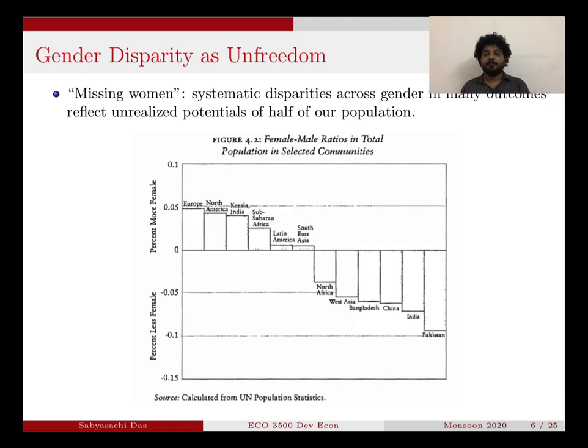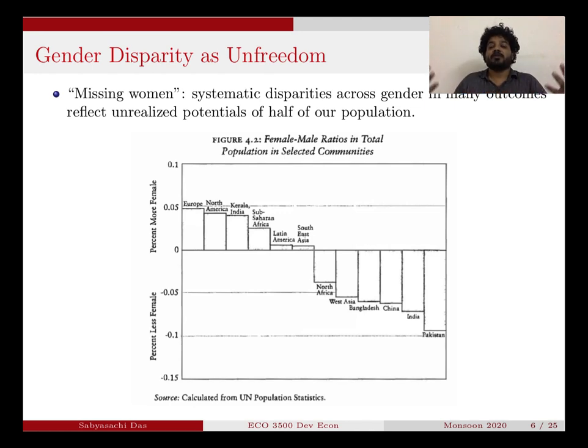So here, Amartya Sen separately has written about this important concept of missing women, and he invokes this idea in this book as well. What does he mean when he says missing women? Well, he says that if you look at the probability of a girl being born versus a boy being born, the probability is slightly in favor of women.